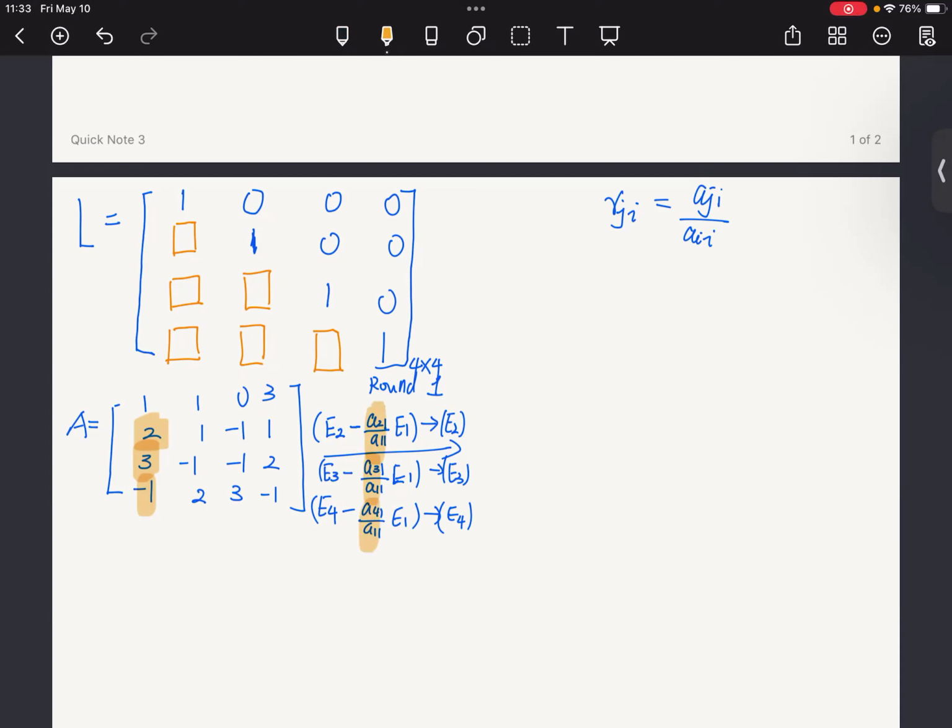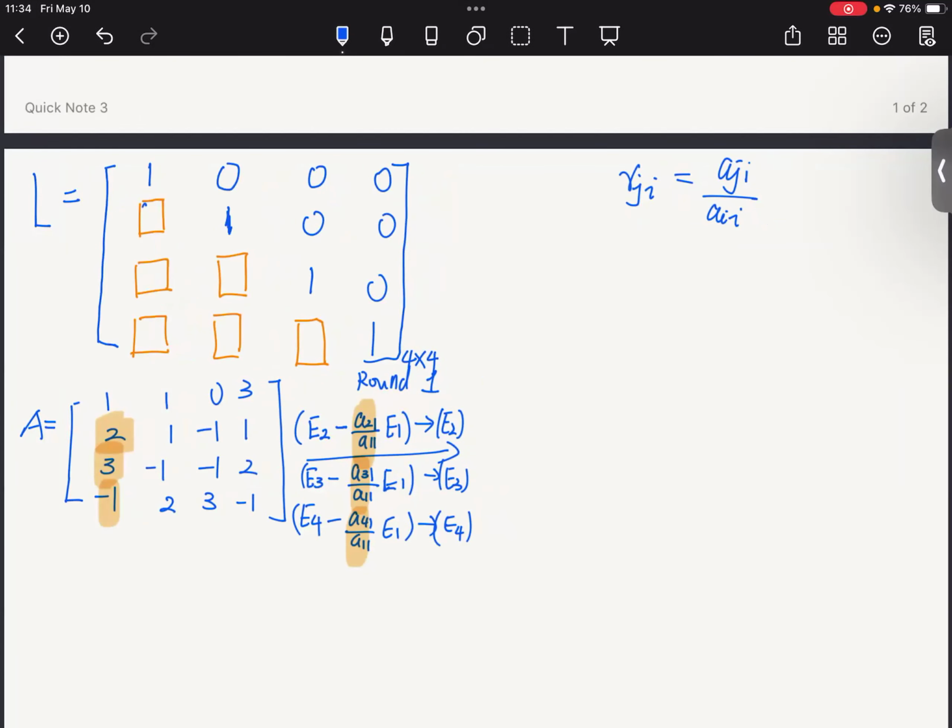You could see this part corresponds to the ratio here. This part corresponds to this ratio. And this part corresponds to this ratio. So I'm going to put the ratios here, A_21 divided by A_11, and then A_31 divided by A_11, and A_41 divided by A_11.